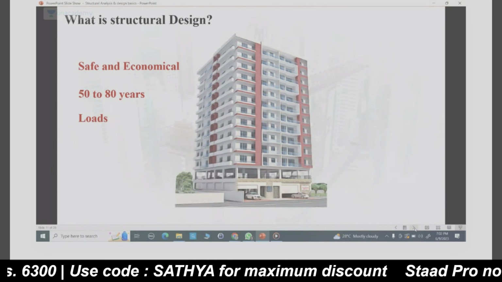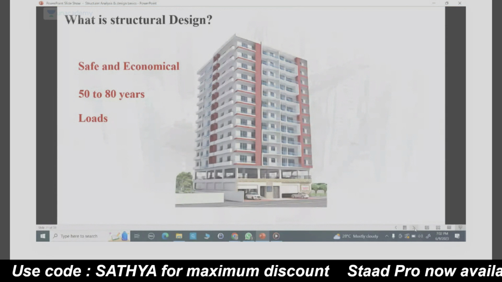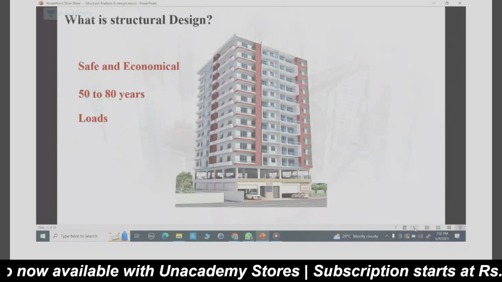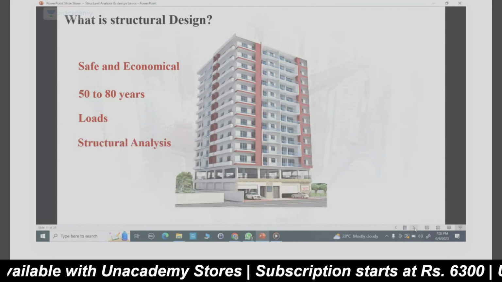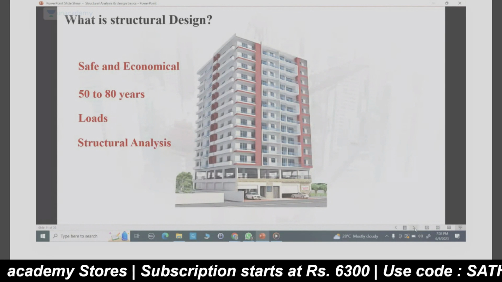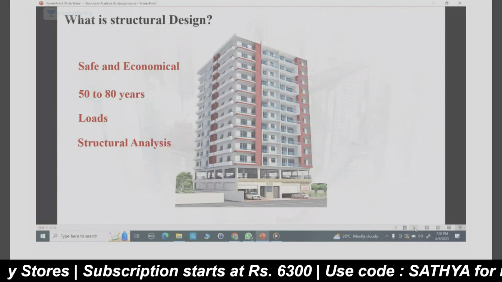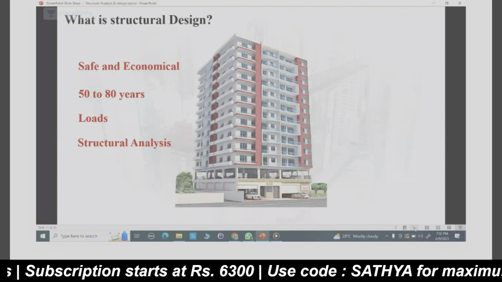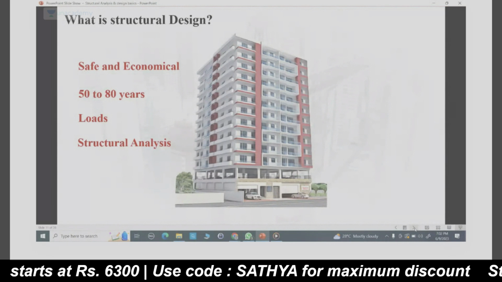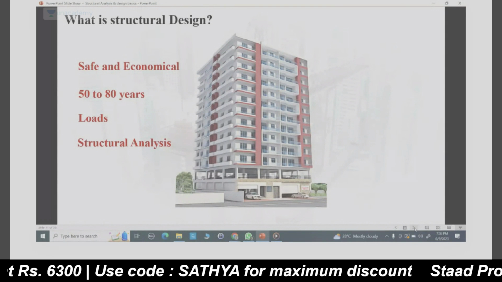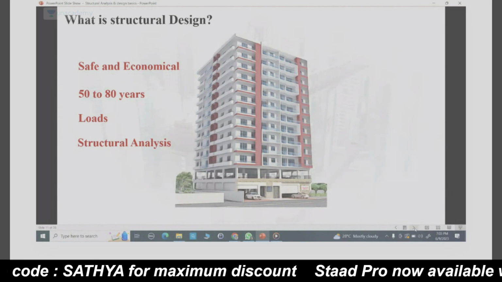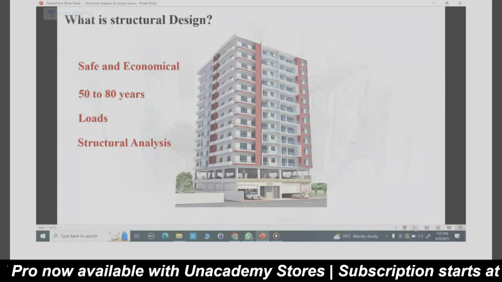When we construct a structure, external loads will be applied on the structure, and due to that external load we will get internal forces developed in the structure. This is very important. We need to find out those internal forces by analyzing the structure, and using those internal forces we need to do the structural design.